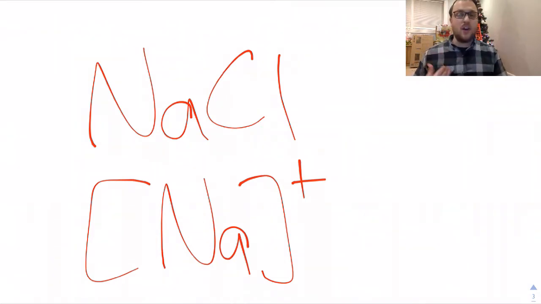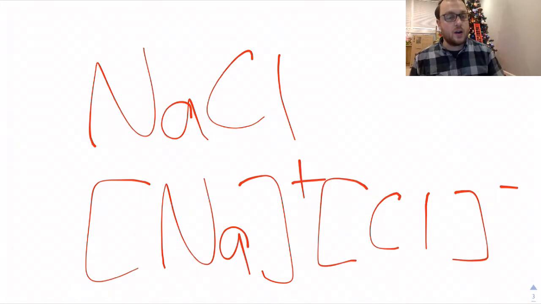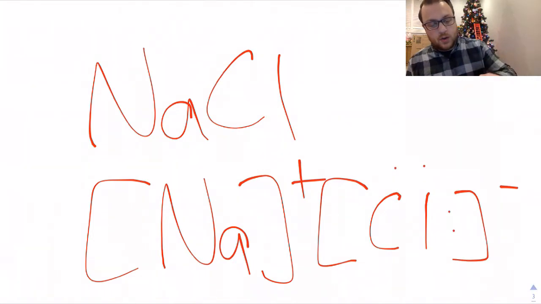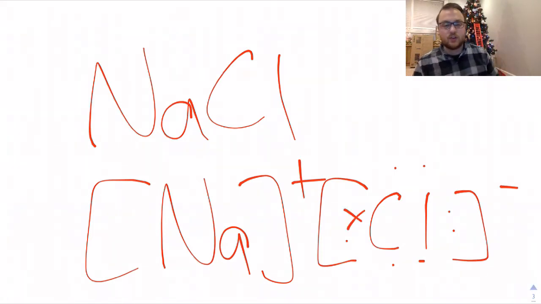It's lost those electrons. It's given them to the nonmetal. Take the nonmetal, put it in brackets with its charge, and always show it with 8 electrons, because it got that 8th electron here, and I'll show it with an X, from the metal.